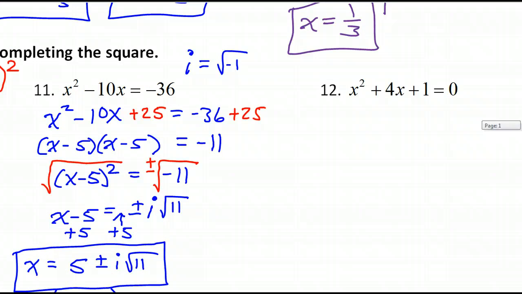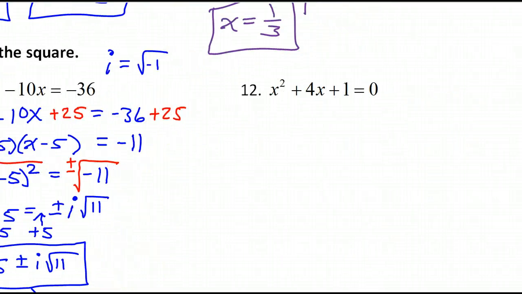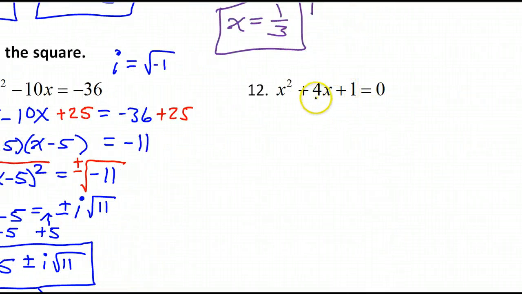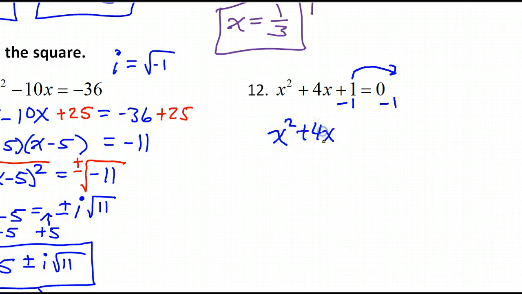Oh, there's another one. Okay, one more completing the square problem. Once again, this number is not the number that we want, so let's subtract it away. So that'll leave us with x squared plus 4x equals -1.